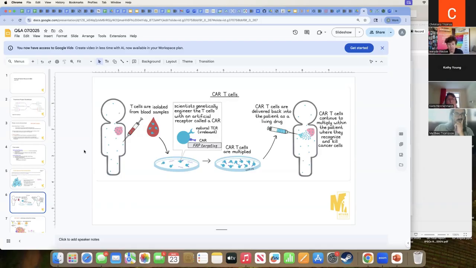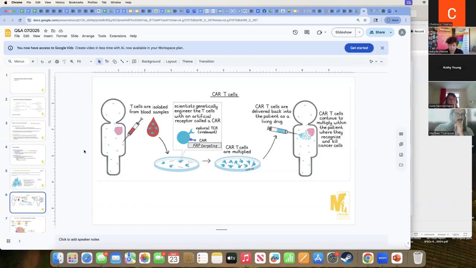So basically what happens is that the T cells are taken from the blood, from the patient. We grow them, they are genetically modified to put the CAR that is going to recognize specific cells.